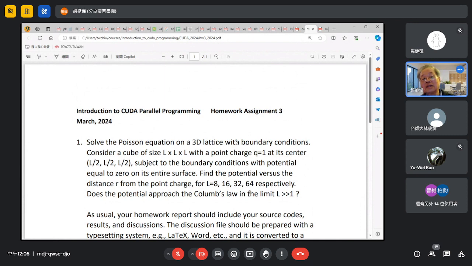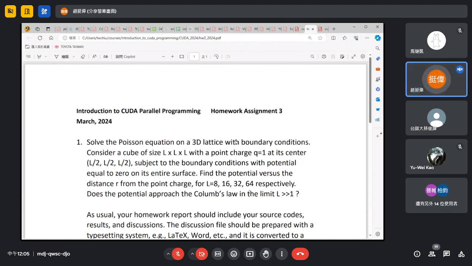If you like, you can use an odd number, say L equal to 9, then at the center you have 4 sites on this side and 4 sites on that side. That's fine. This is not a real issue.